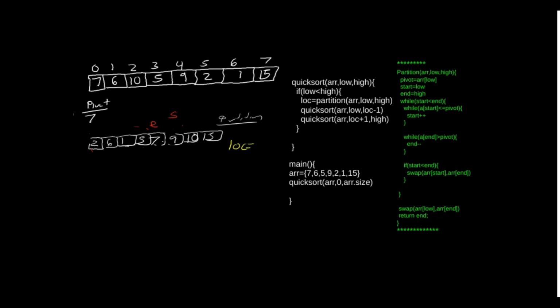So here our local variable is returned 7, right? But we're going to partition loc takeaway 1 here. And then loc plus 1 is going to be partitioned here recursively. We're going to partition recursively until low is greater than high.